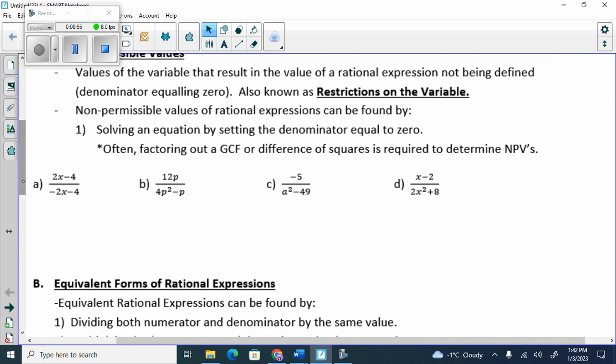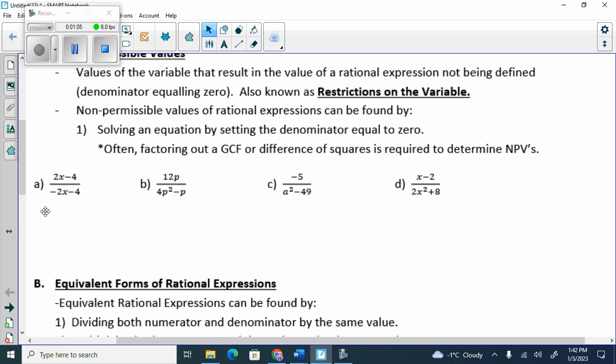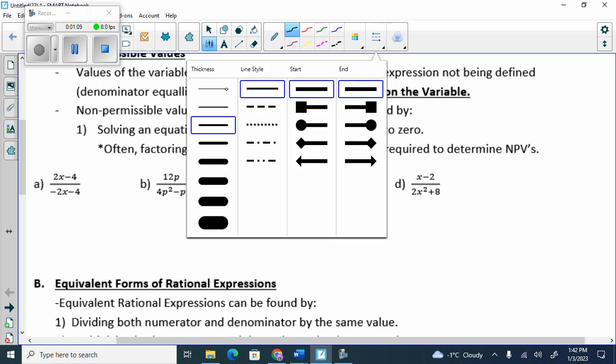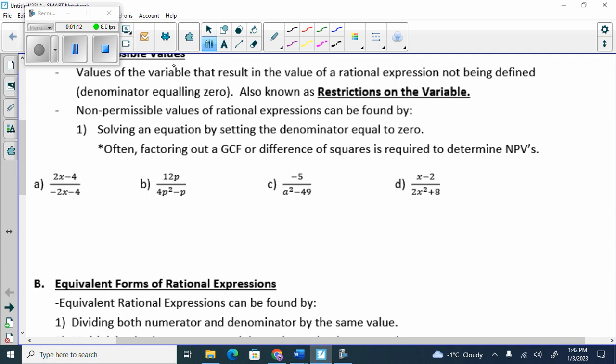So if all I'm doing is asking you for non-permissible values, you can look directly at the denominator and not be concerned at all with the numerator. So I look at the denominator, and I have to take a negative 2 out of my denominator first, and I'm left with x plus 2. Now, had you forgotten, you would still luck out in this case.